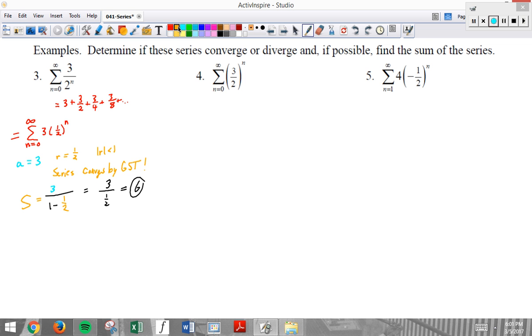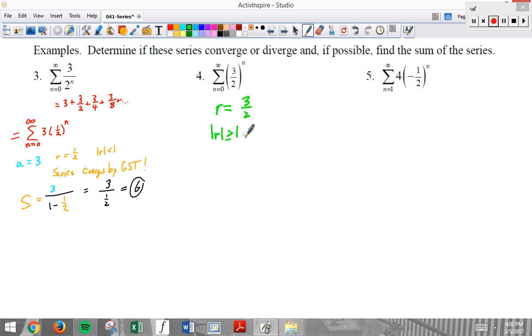Now this series should be staring you right in your face that this is a geometric series. I don't need to rewrite it, I don't need to worry. It's times r to the n. So this one has r equal to 3 over 2. The absolute value of r is bigger than 1.